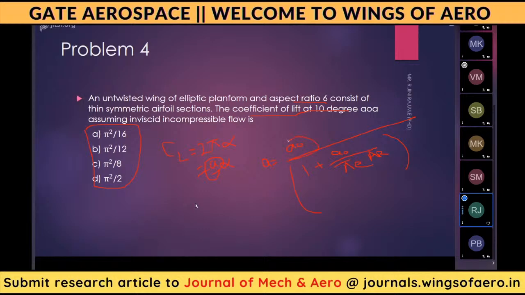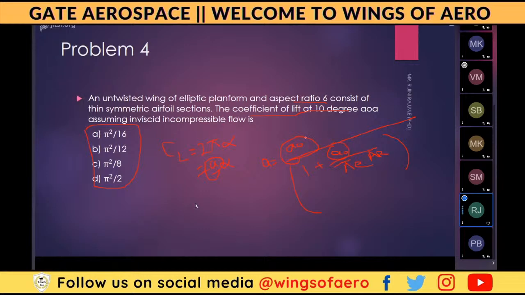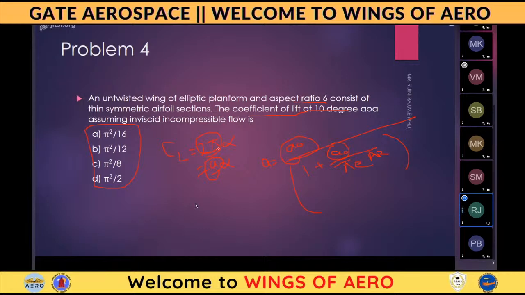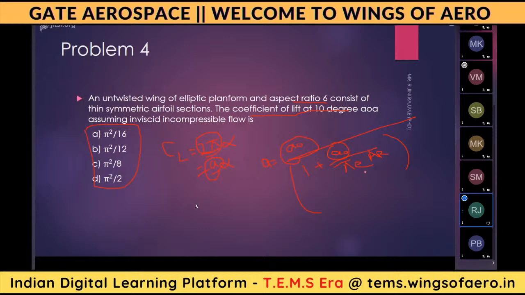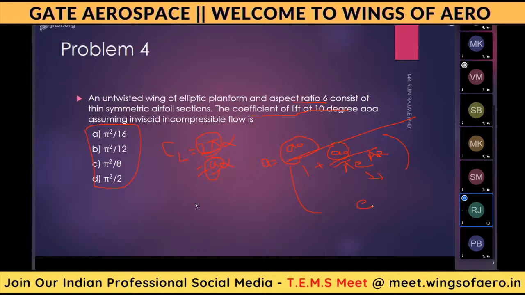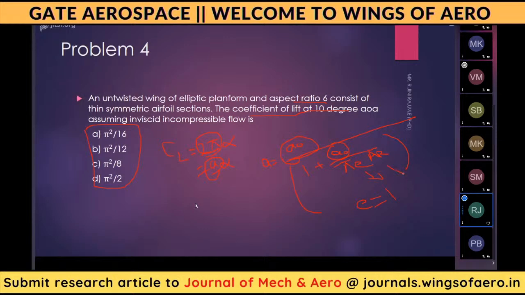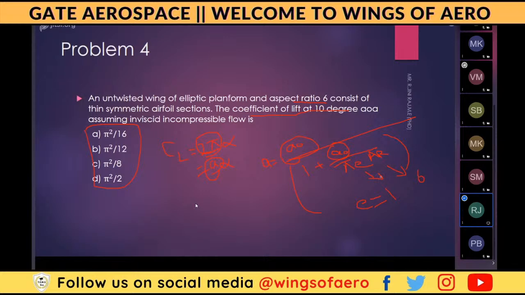Here we have A naught value. This A naught value is 2 pi. Actually, we should not substitute this 2 pi here, because this 2 pi is for A naught only. So the A naught value will be 2 pi. And we know for elliptical lift distribution, E equals 1. And in the question itself, they have given that AR equal to 6, that is aspect ratio is equal to 6.